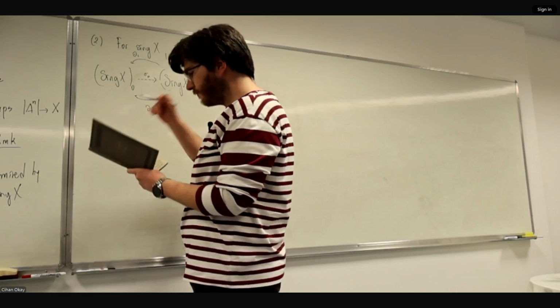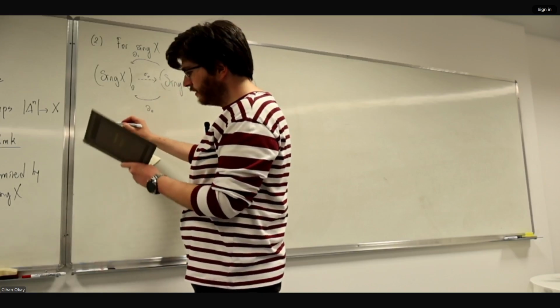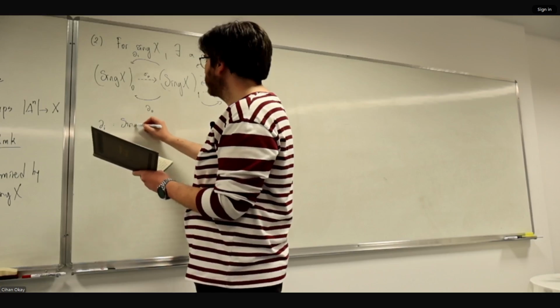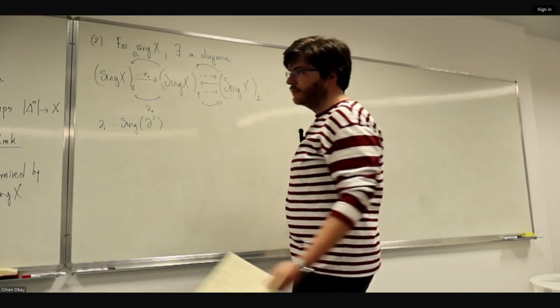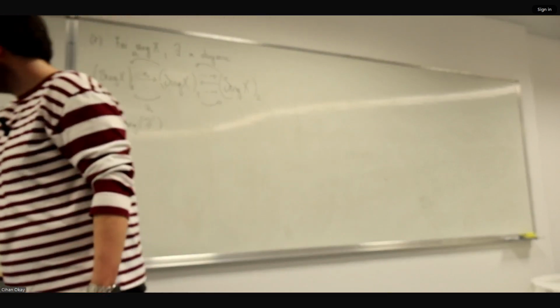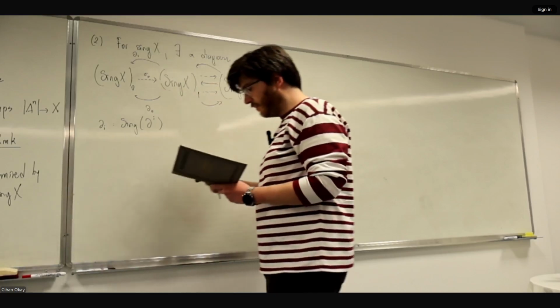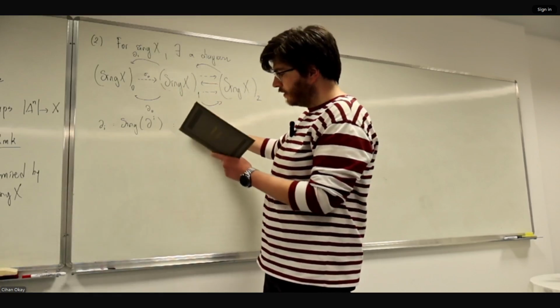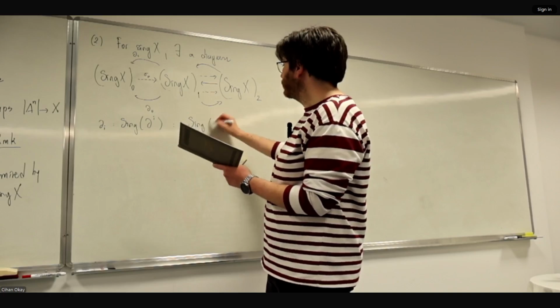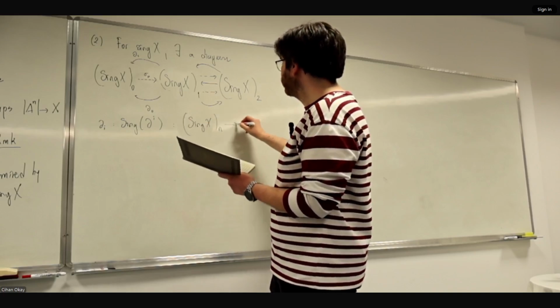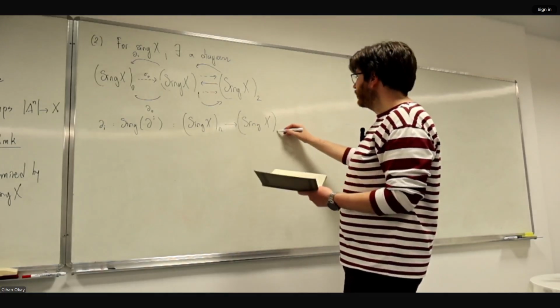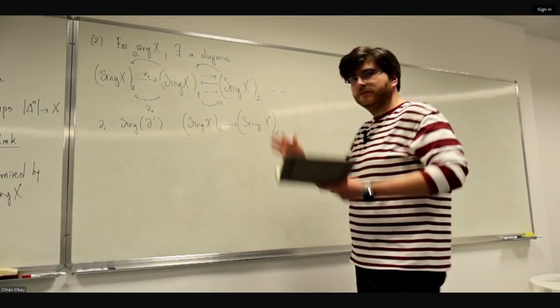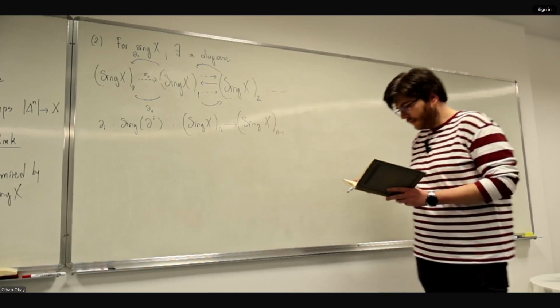So for instance, this one is just the image of this delta i, which was a face map, under this contravariant functor. So you have a huge diagram like this.